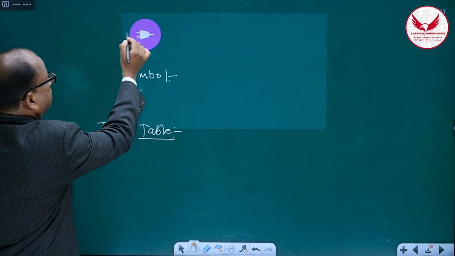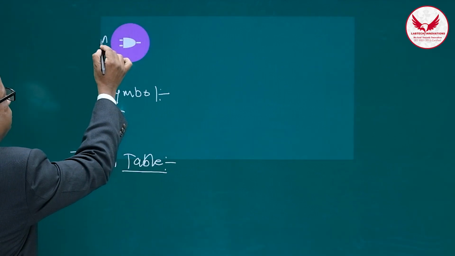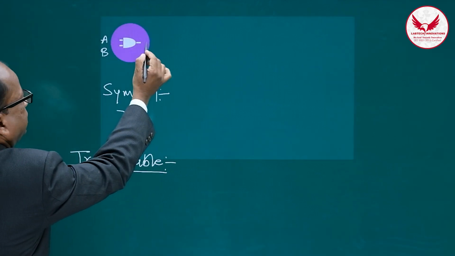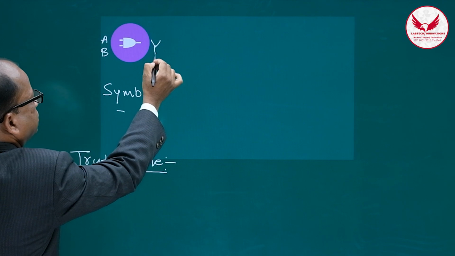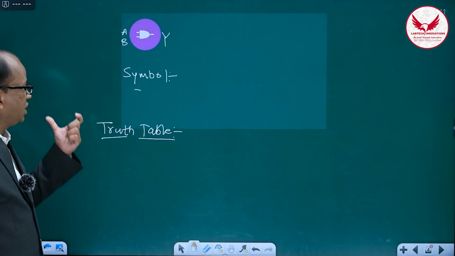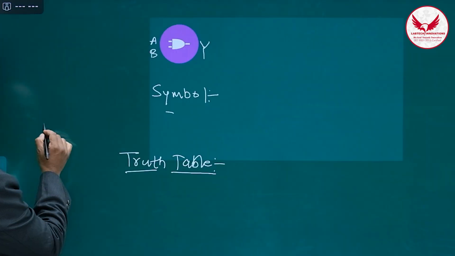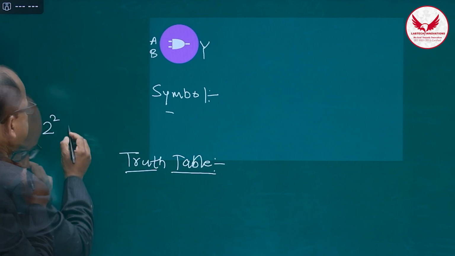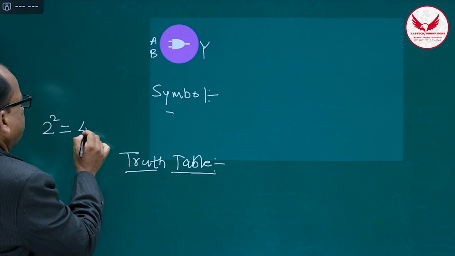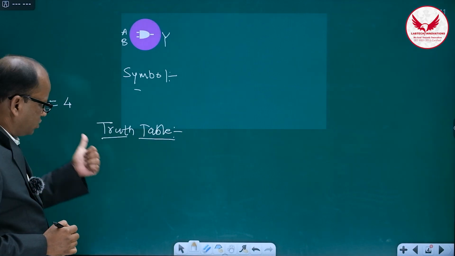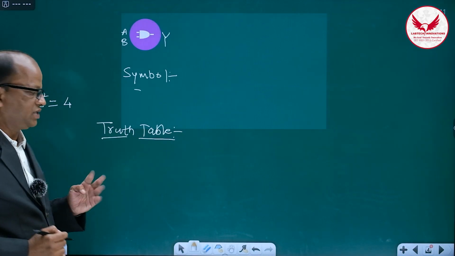For this AND gate, I'll take A as the first input, B as the second input, and the output is Y. Here 2 raised to the power 2 comes to 4 combinations, so in the truth table we will get 4 combinations.